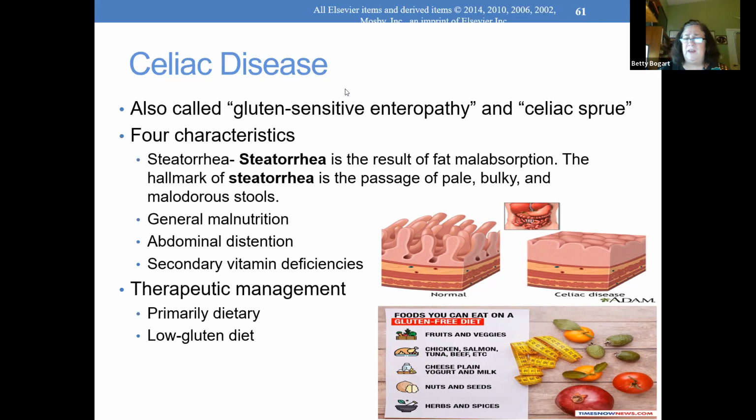You can have fruits, vegetables, chicken, salmon, tuna, beef, eggs, cheese. You can have an omelet, a glass of milk, a banana. Just get away from all of the bread type things. That is what you avoid, but their diet can still be good. Today they're getting so good, even at Publix you can get gluten-free breads for these children. Years ago they didn't have it, so it's a good thing.